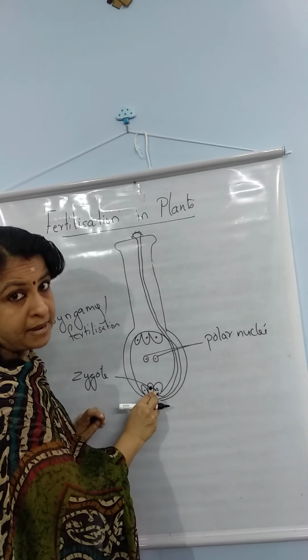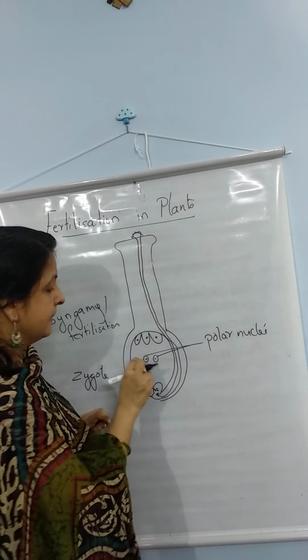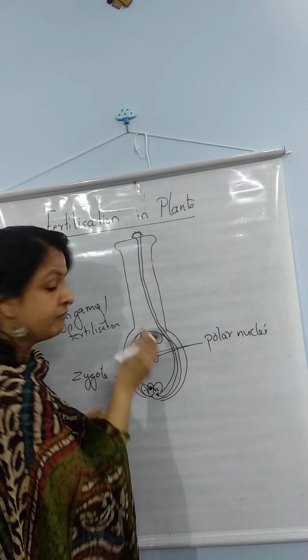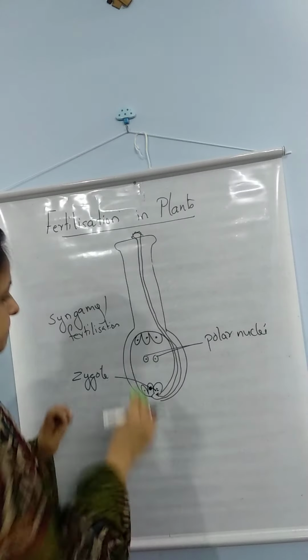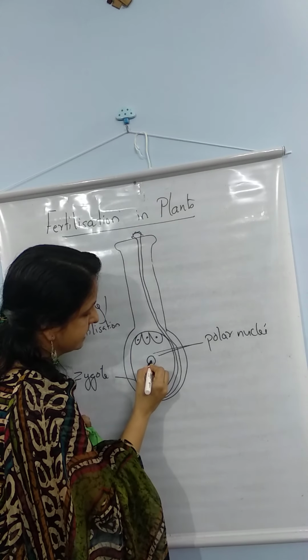Now there is a second male gamete. When the male gametes are released, these 2 polar nuclei will fuse together. They fuse together and form a single nucleus.